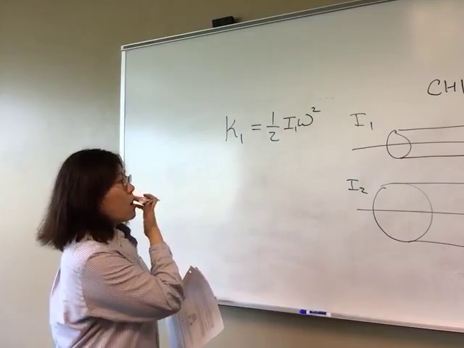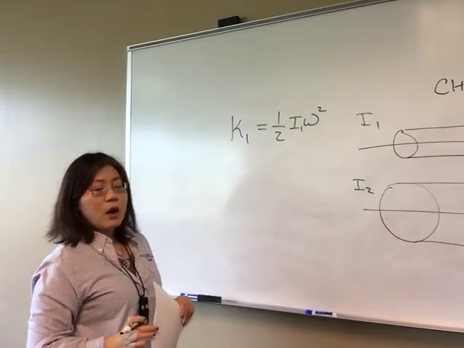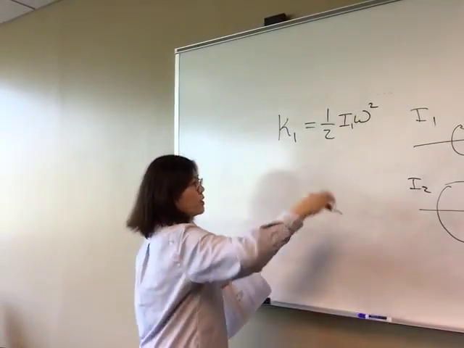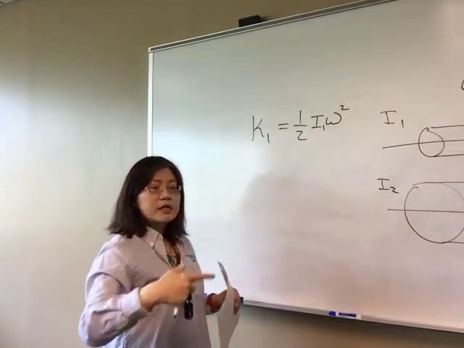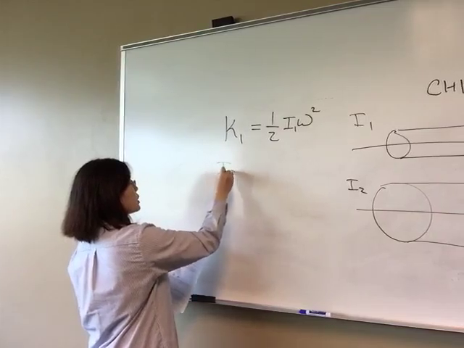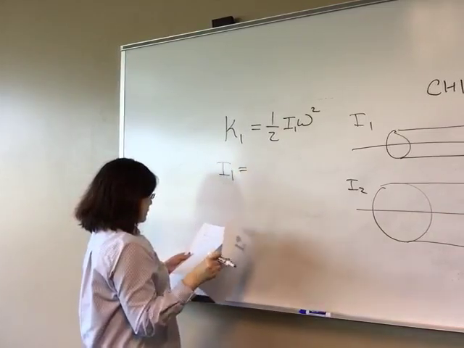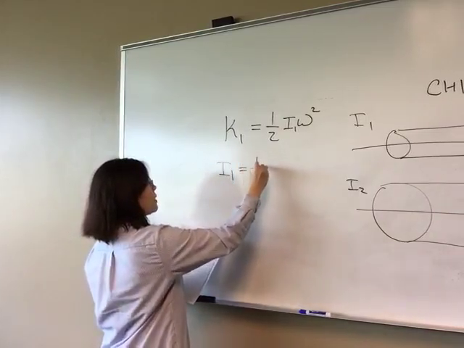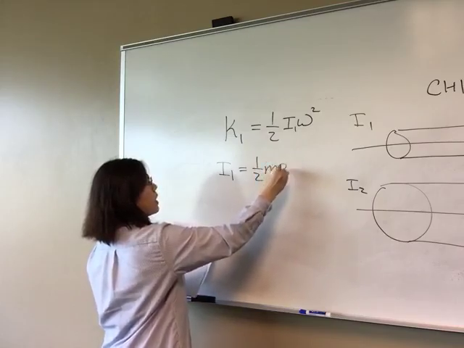Okay, so in order to calculate this, we need to find out what is I1. When you have a cylinder that's rotating about its longitudinal central axis, the expression for I is 1/2 the mass of the object times r squared.